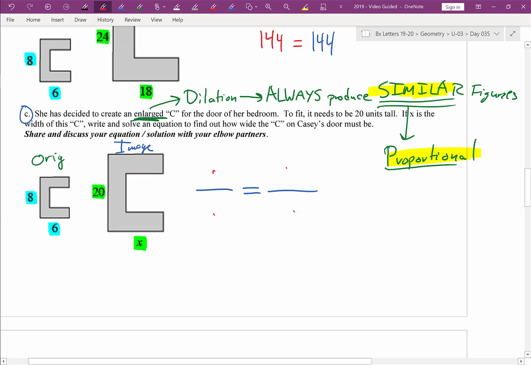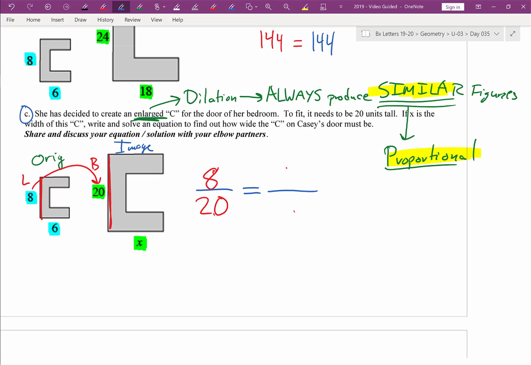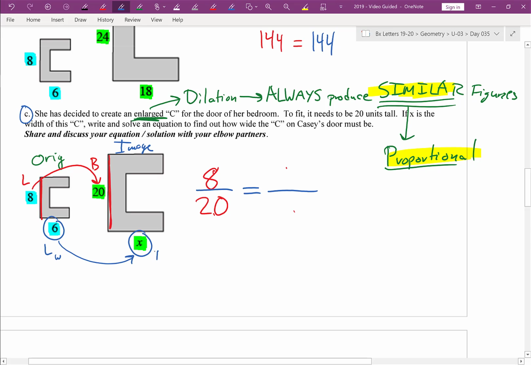And this is valuable because I can say, let me take this little height of 8, and compare it to the corresponding bigger height of 20. Okay? I'm going to repeat this pattern. Now I'm going to take the little width, and compare that to the big width. And this is where it's valuable. Now I've got 6, and I've got an unknown.